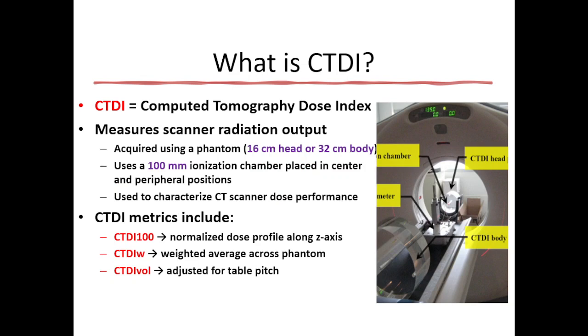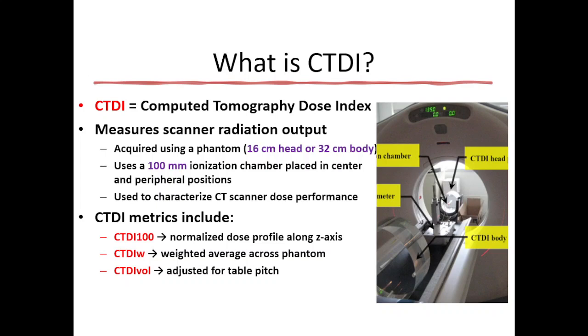First, let's start with CTDI, or Computed Tomography Dose Index. CTDI measures the radiation output of the CT scanner, in other words, how much radiation the scanner is producing. The measurement is done using a phantom, either a 16 cm head phantom or a 32 cm body phantom, and a 100 mm or 10 cm ionization chamber.